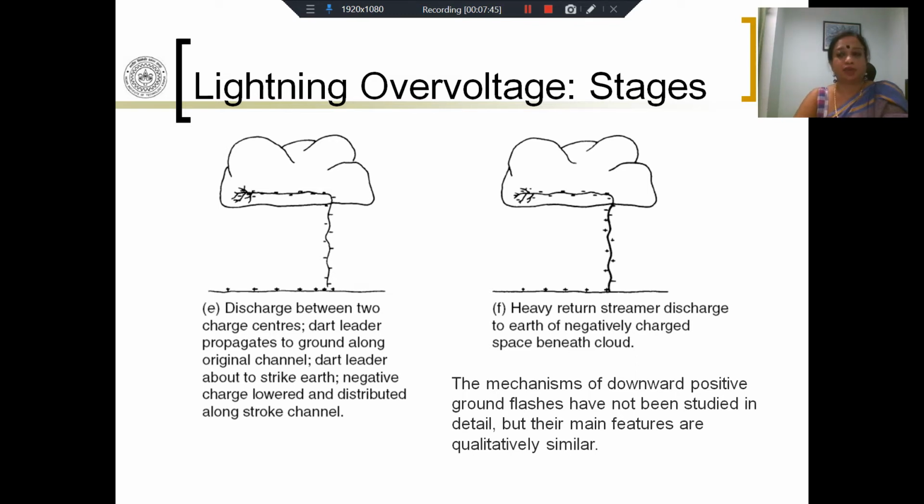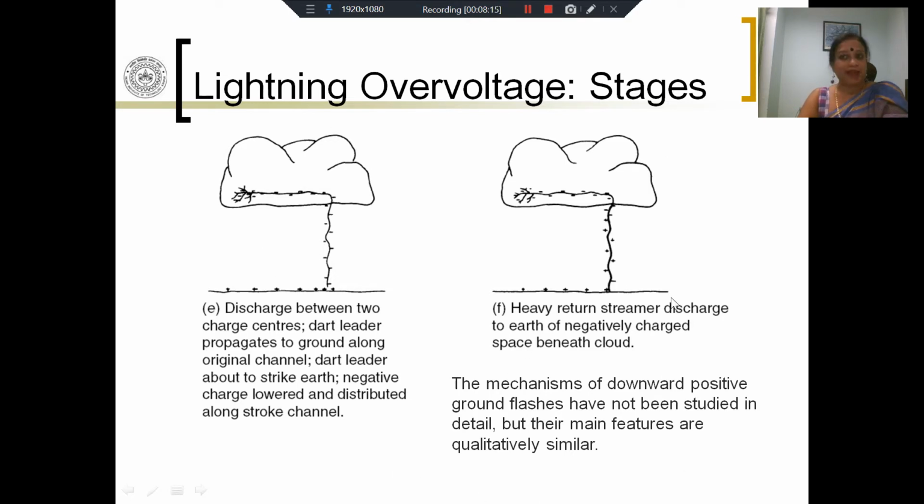It will not happen in one strike. You will generally see several strikes together, one after the other, and it is the return stroke which is dangerous because the return stroke carries the largest quantity of energy. Number one. Number two is that the pilot streamer which lowers the charge towards the earth in the second or subsequent strikes is called the dart leader.